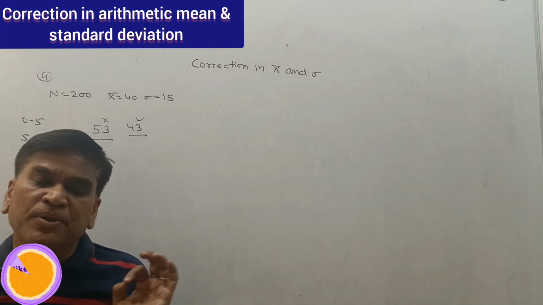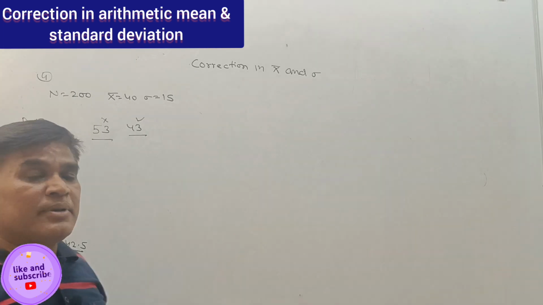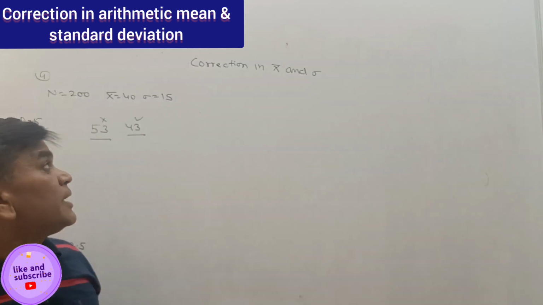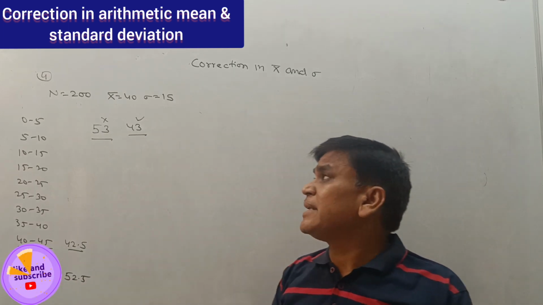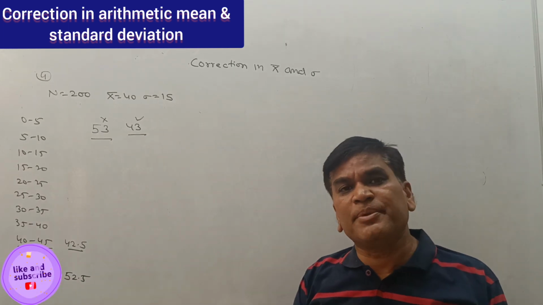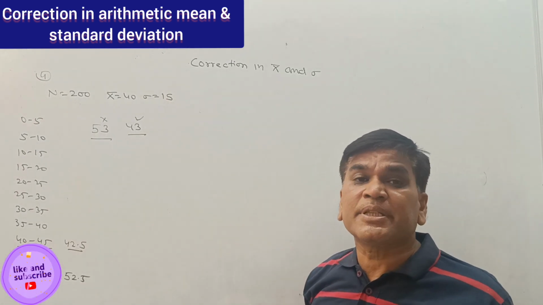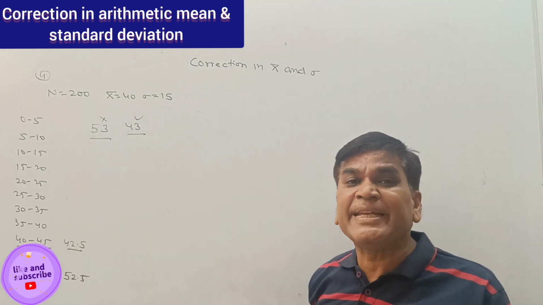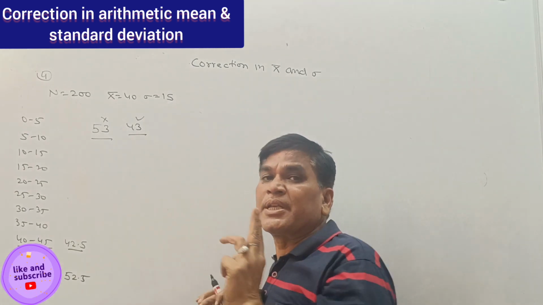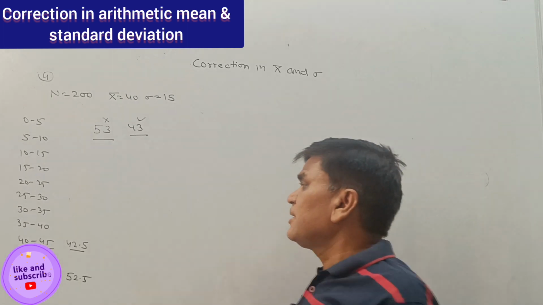This is a continuous series problem. The question: marks of 200 students in a history examination, the arithmetic mean is 40 and the standard deviation is 15. Later it was discovered that one item was wrongly read as 53 instead of 43. So correct the arithmetic mean and the standard deviation.